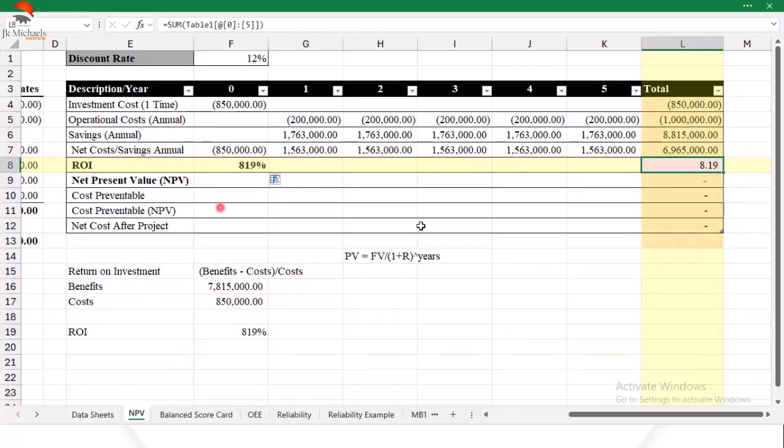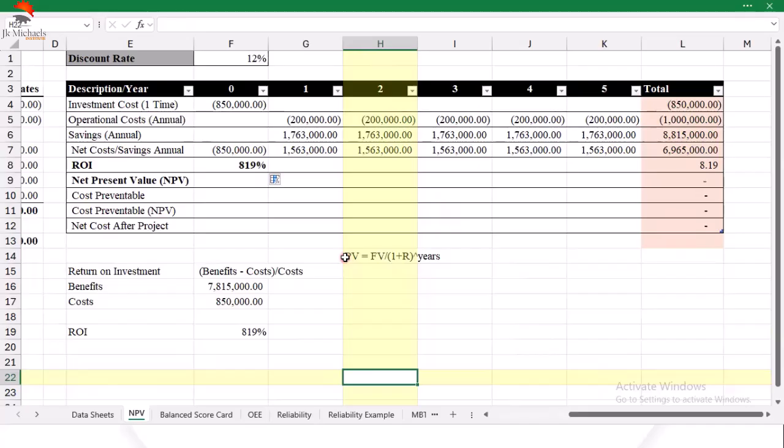Now, the next thing we want to do is our net present value, right? Now, the whole idea of net present value is to ensure that, okay, let's begin this way. At the beginning of every project requires negative cash flow.